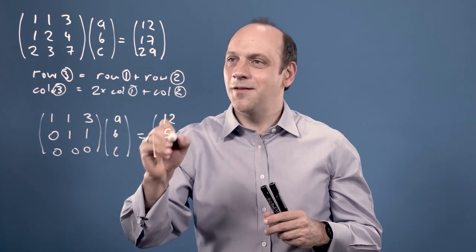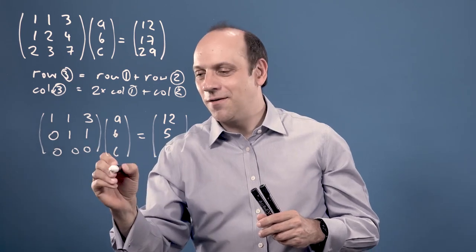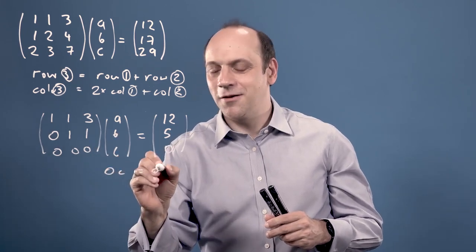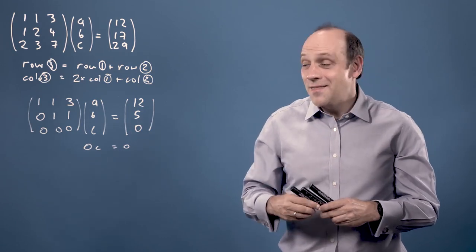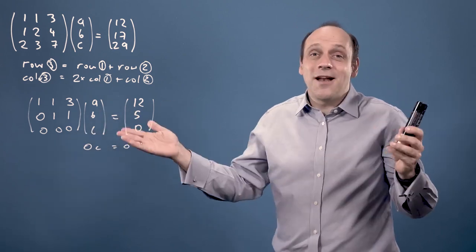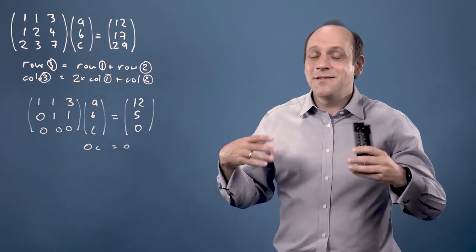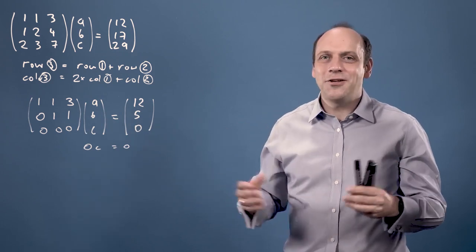And if I do that on here, I take 12 and 17 off 29, I get 0 here. So now I've got 0c equals 0, which is sort of true, but not useful. There are an infinite number of solutions for c, in effect. Any value of c would work. So now I can't solve my system of equations anymore. I don't have enough information.